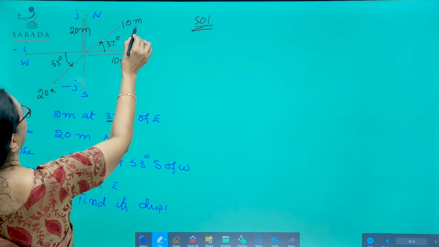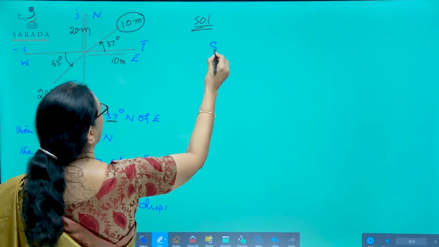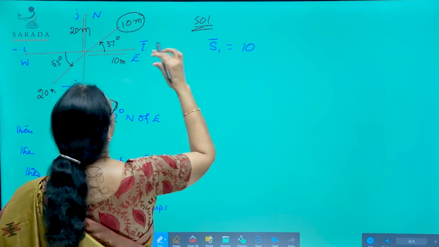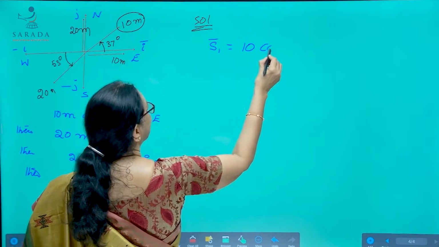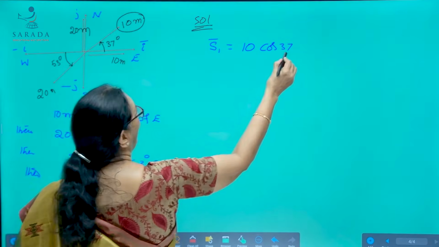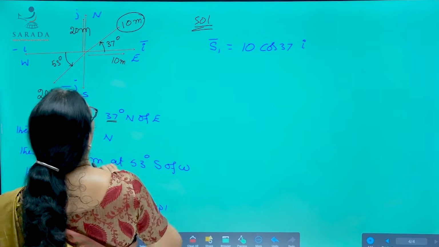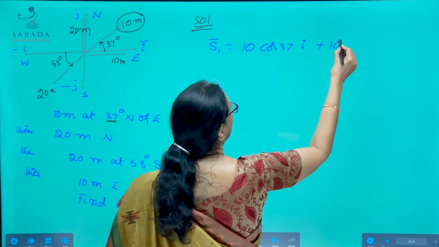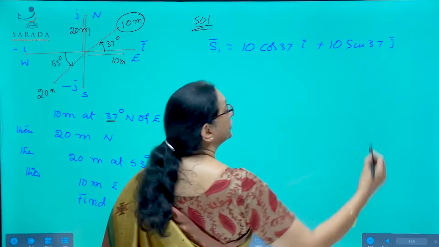Now starting from this point, let us write that in the vector form. S1 bar. It is 10, its component along this axis, cos 37, 10 cos 37 I bar. East is taken as I bar. Its component along the y-axis is 10 sin 37 j bar.